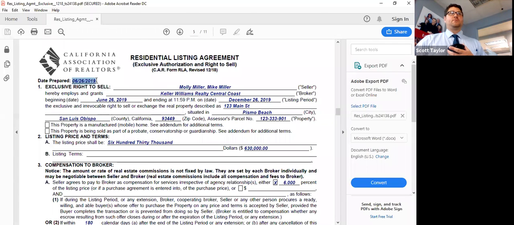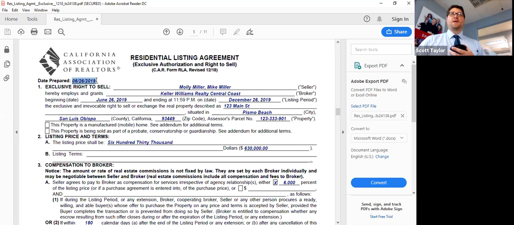But if there are material changes, say we're going to change the commission from 6% to 5%, or we're going to change something in the listing terms where I'm going to put up a half sheet plywood, 4x4 sign on the property so that it can be seen from the freeway or whatever, and that's going to be part of it, then I'm going to change this date prepared, because that's a material change, and that in my head tells me this is the updated version that has the promise for the sign or reduced commission.